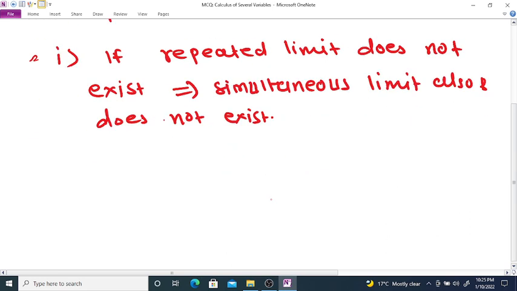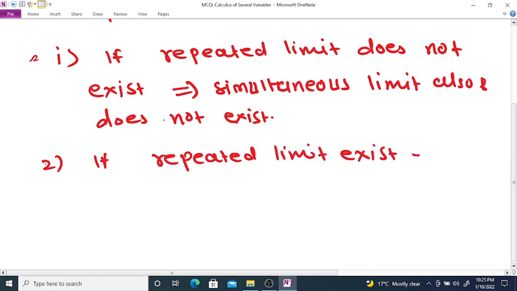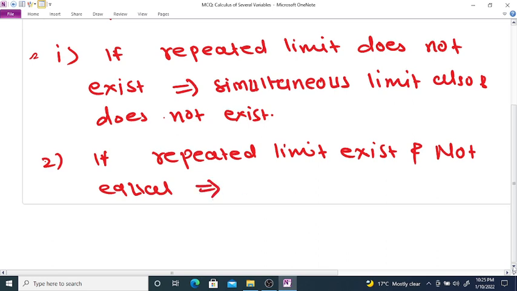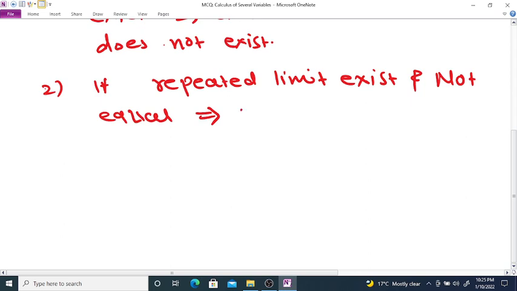This is the first relation. The second: if the repeated limits exist and are not equal, then the simultaneous limit does not exist.